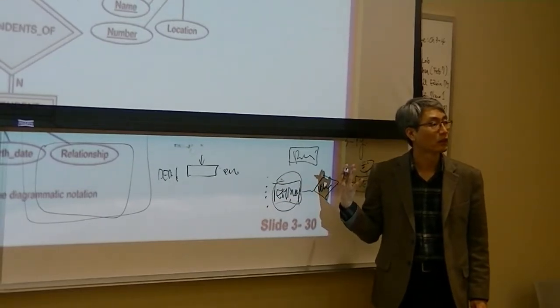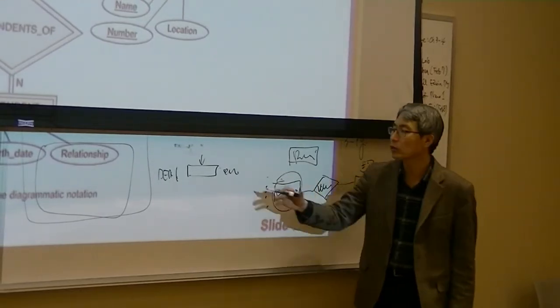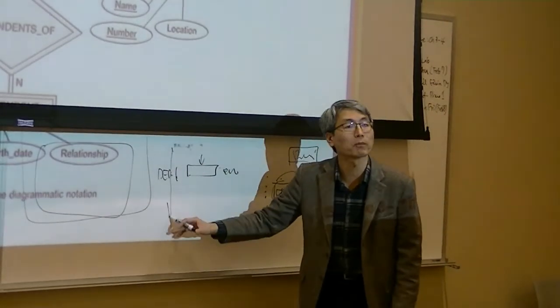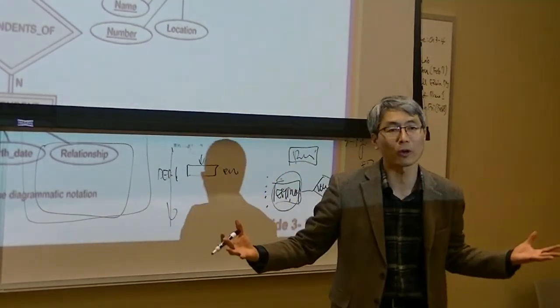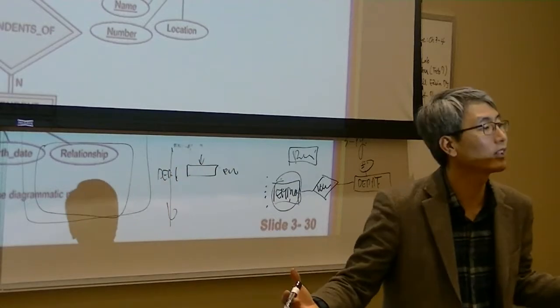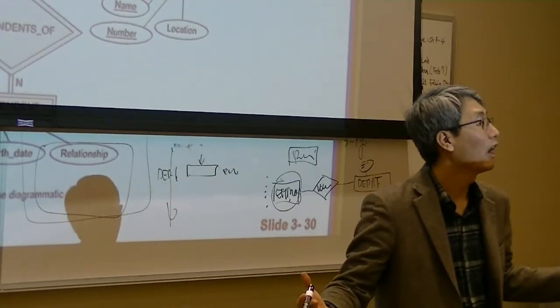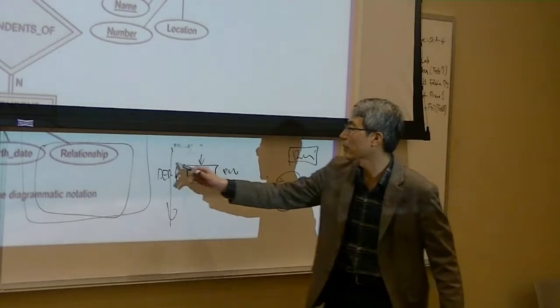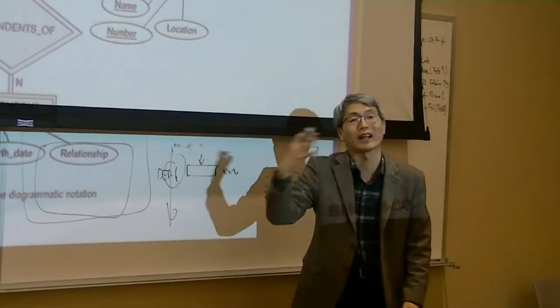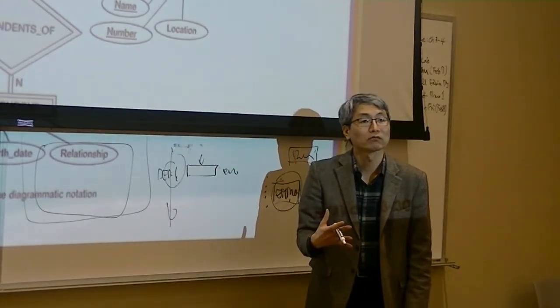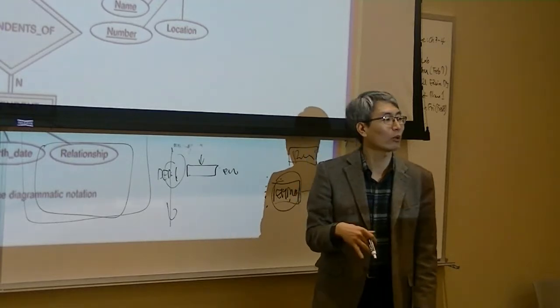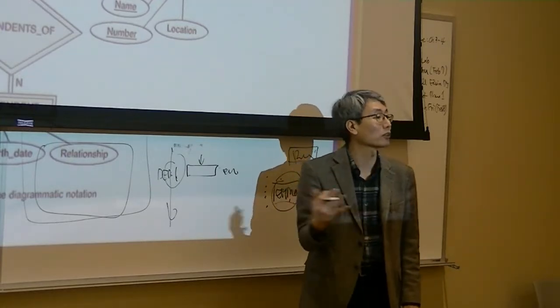Why? Because you need to access all the employees. If you have millions of employees, it will take a really long time. However, this number of employees does not change quickly. How many times do you hire employees? Maybe monthly or so on.